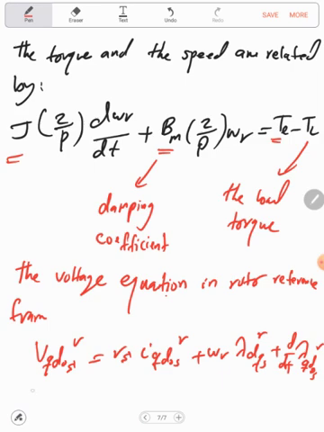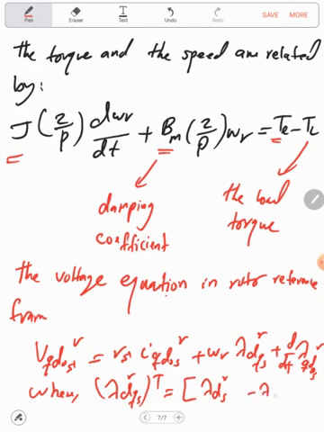Now, where λDQSR transpose is equal to λdsr, minus λqsr, and 0. So the same thing here.